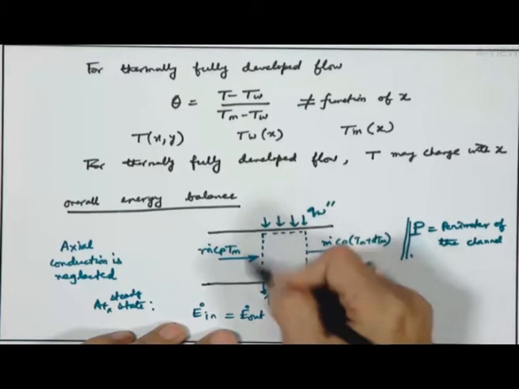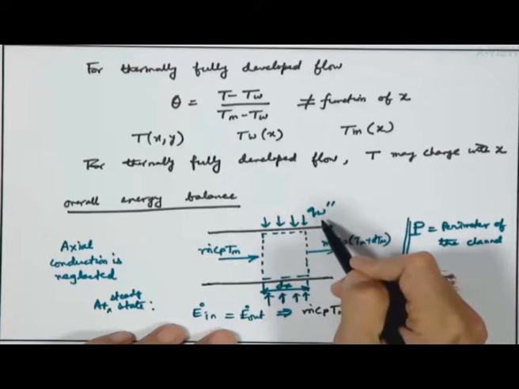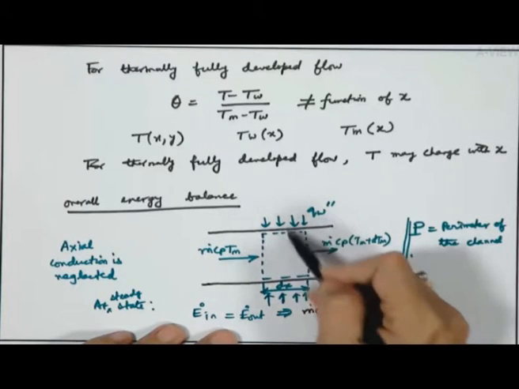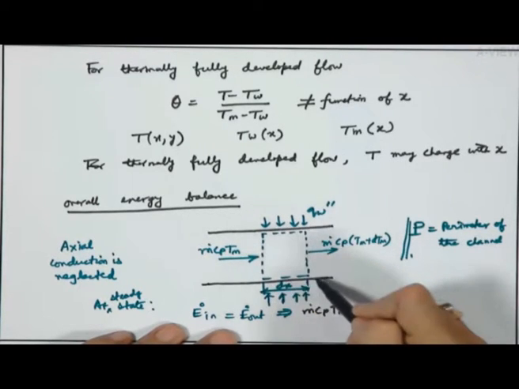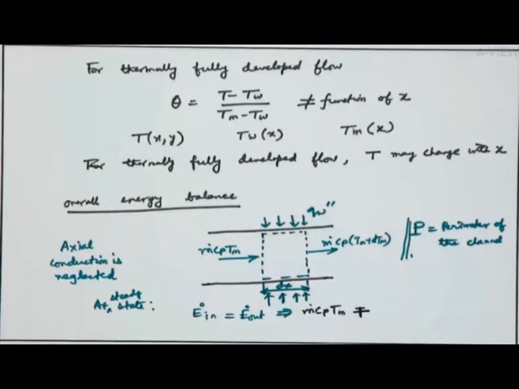So, let us say this is a circular pipe. What is the total rate of heat transfer if the heat flux is q wall? That is q wall into 2 pi r into dx, that is the surface across which the heat transfer is taking place. Instead of 2 pi r we can generalize it by saying perimeter. So, q wall into perimeter into dx is equal to the increase in m dot Cp into Tm plus dTm.